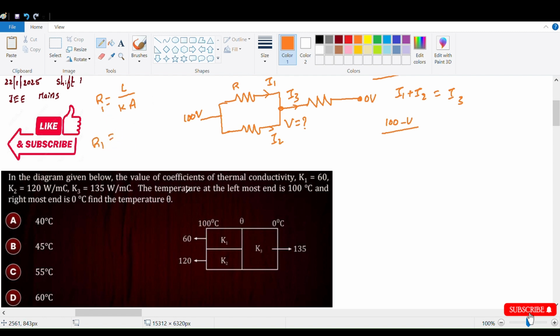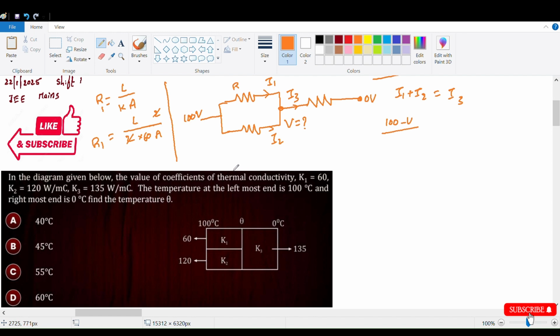What about the lengths? The lengths are half, taking the middle point, and the rightmost, where the temperature is theta 1. Areas are A by 2, length is L by 2, conductivity K1 is 60, area is A by 2, the 2s cancel. So I got this R1 value.